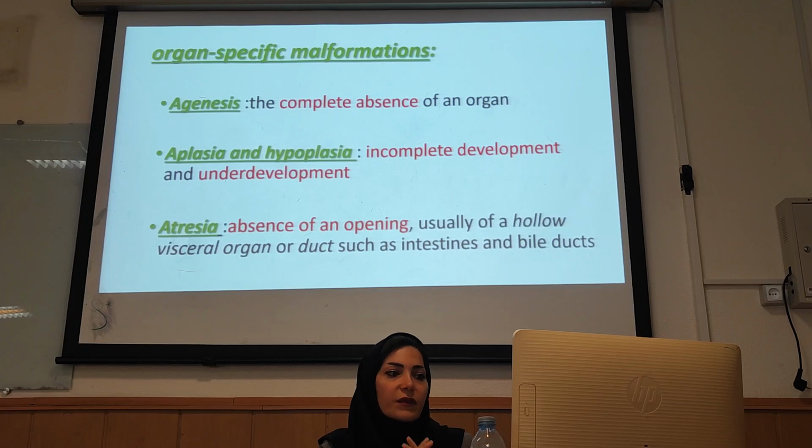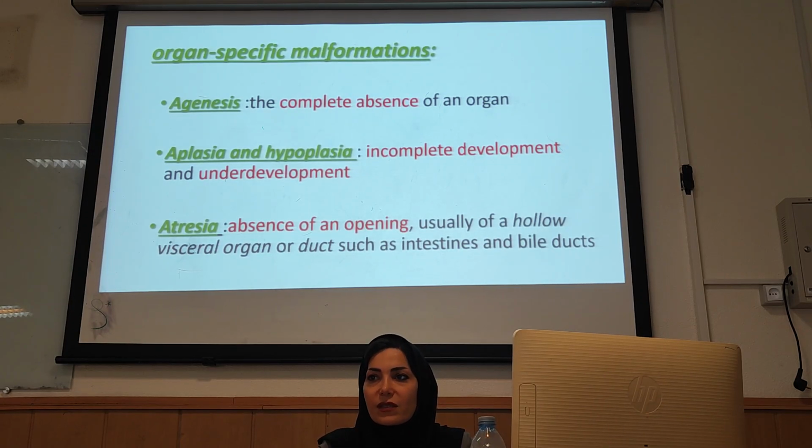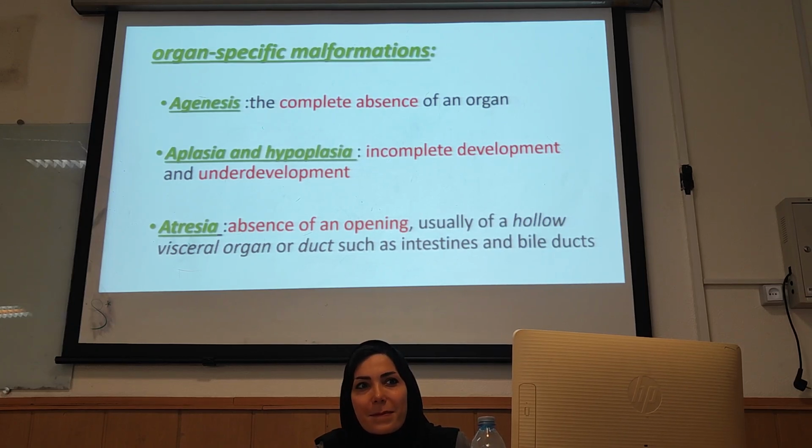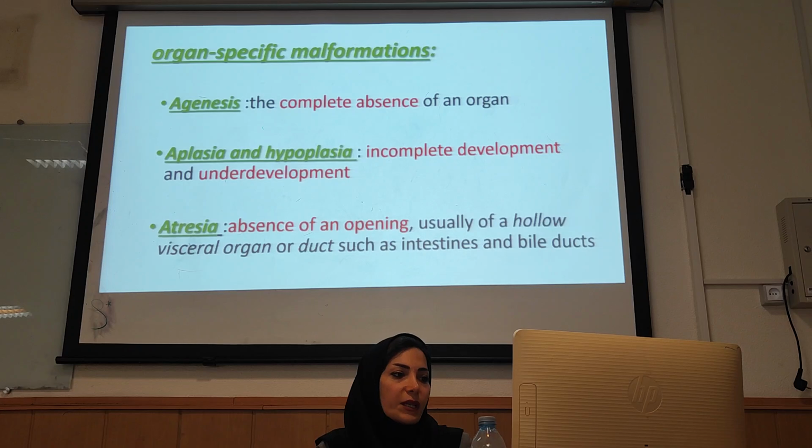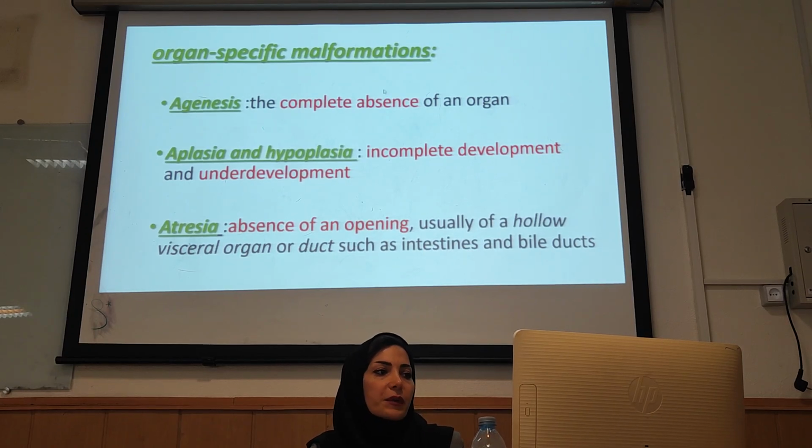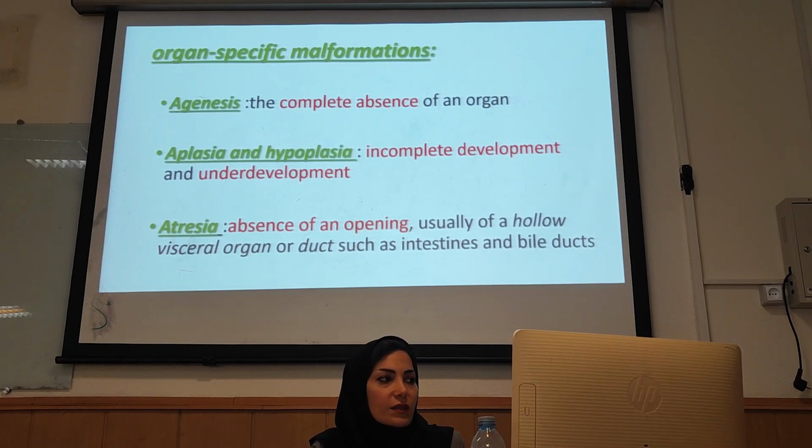These are different from each other, and sometimes students make mistakes using one instead of another. Agenesis means when something doesn't form, an organ doesn't form. Completely absent organ. For example, a kidney completely absent, doesn't form at all.